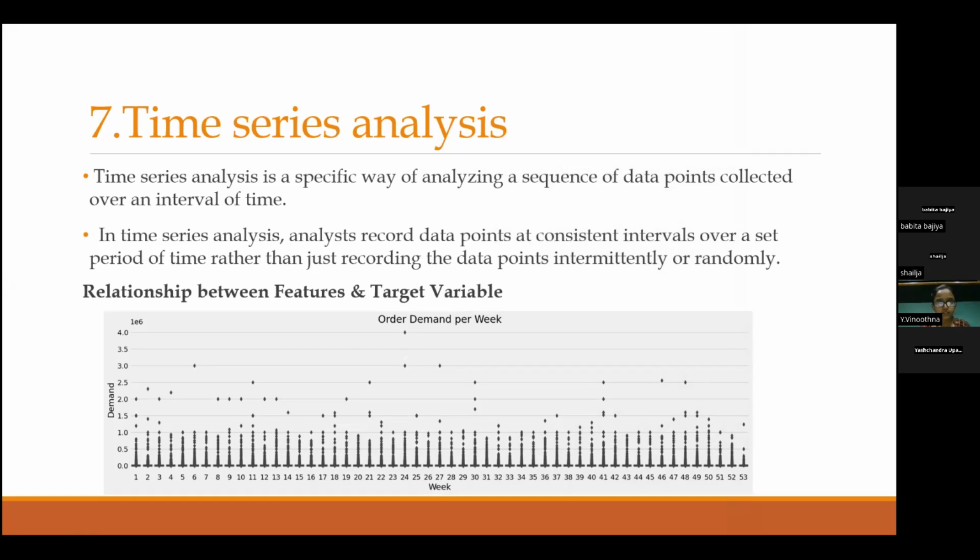Now here if we plot the demand values per week, this is the box plot which represents the demand values per week. So here we can observe that there are many same values of demand for many weeks. So we will be gathering all the demand. We will be resampling the data based on the weeks.